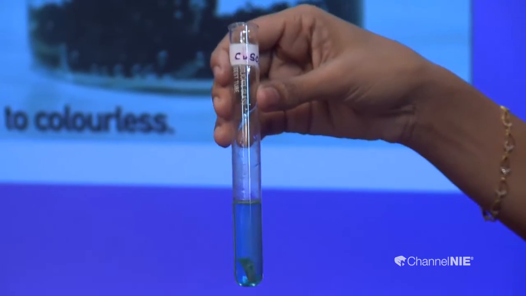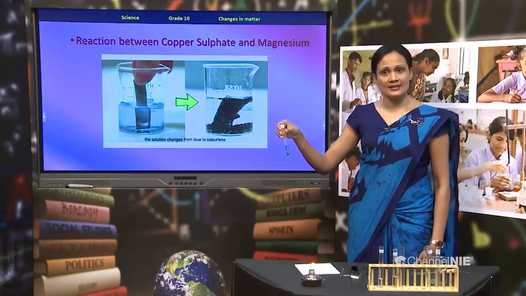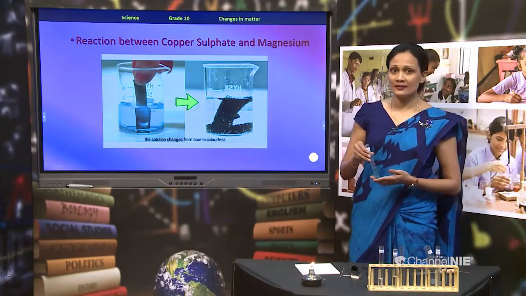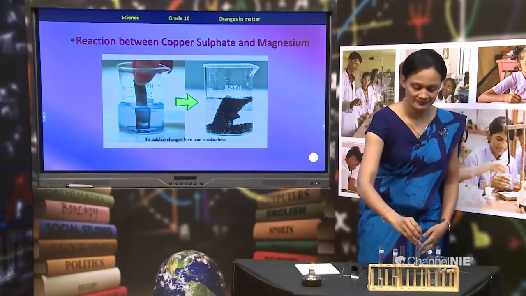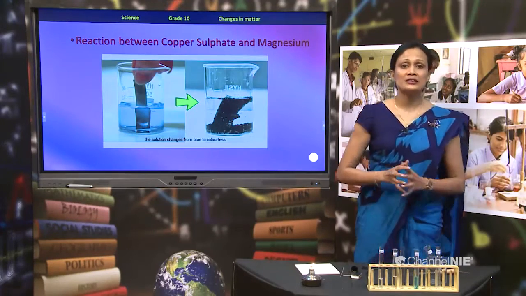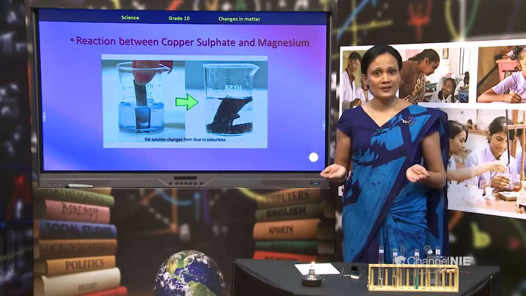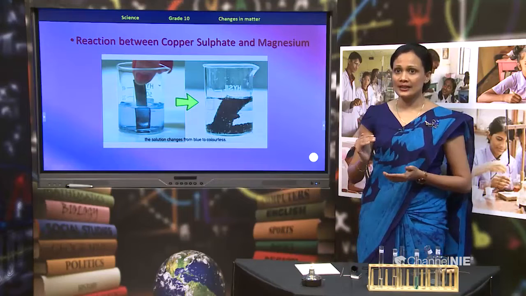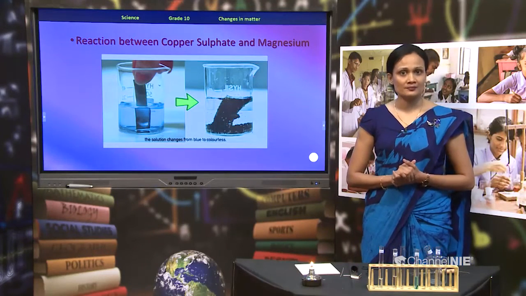That means magnesium reacts with copper sulfate. So here another reaction occurs. I think you observed it well. The copper sulfate solution, blue in color, reduces its color when we add the magnesium strip into it.